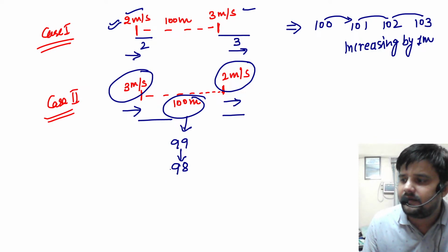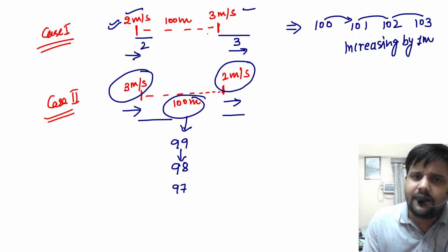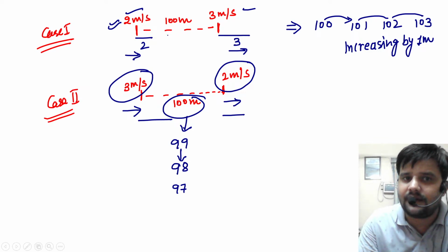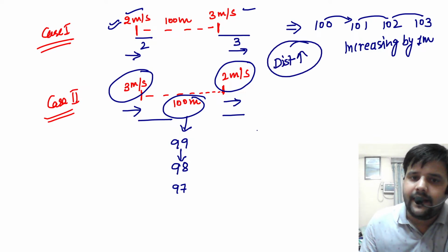Getting my point? Just like that, 97. So in both cases, the persons are running in the same direction, but I am swapping their speeds. In one case, the distance is increasing. In the second case, the distance is decreasing.